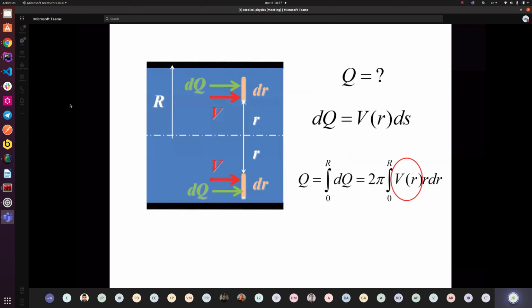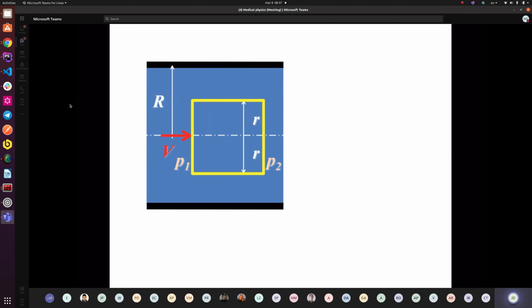So now we know everything except this v, the velocity. Let's calculate this one. Now we are taking a cylinder cut off from the liquid, with the radius r. The entire cylinder has a movement with the velocity v because of the force that acts on this cylinder.